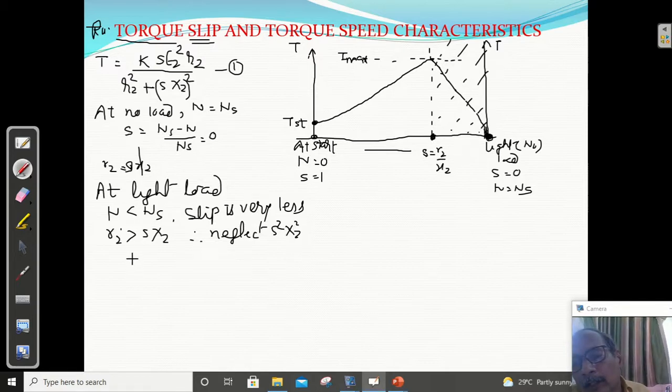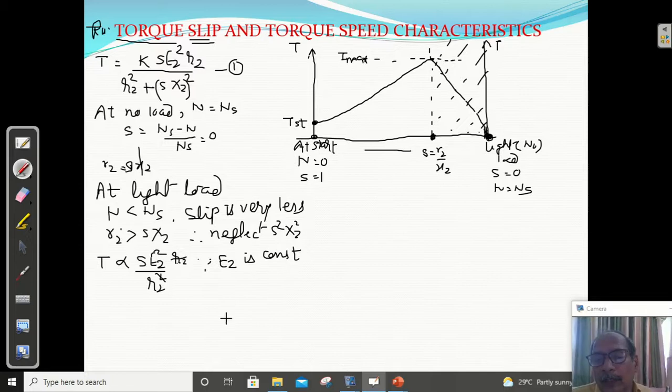That means what will the torque be? Torque is proportional to s E2 square R2 upon R2 square, so this is cancelled. So torque is proportional to s E2 square upon R2. Since supply voltage is constant, E2 is constant. That means torque is proportional to slip.